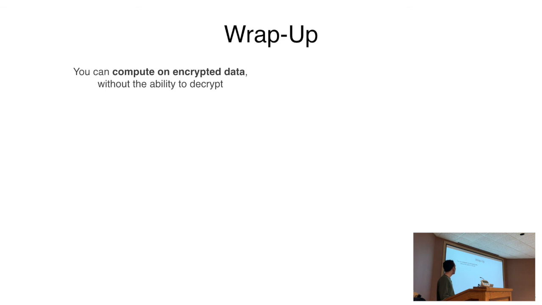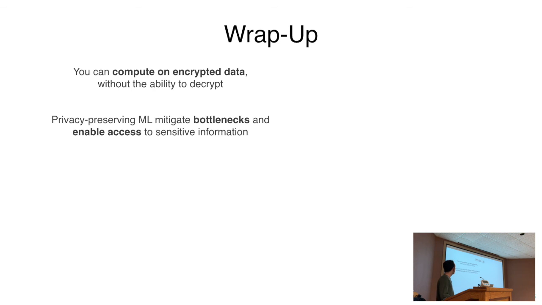Anyways, to wrap it up, what's cool about this is you can compute on encrypted data without having the ability to decrypt it while it's being computed. What that allows us to do is mitigate bottlenecks in the existing data science process and enable access to sensitive information that is useful for providing innovative applications of AI.